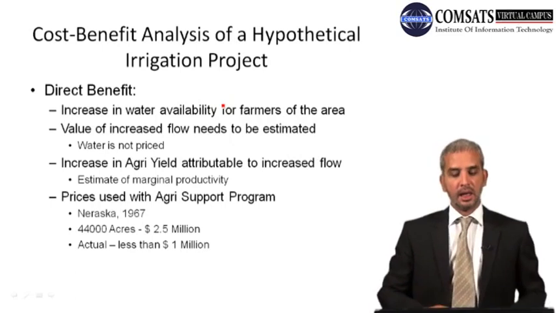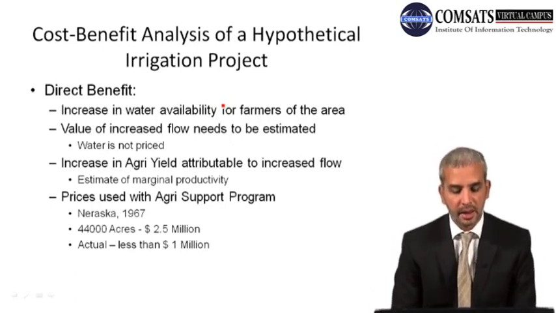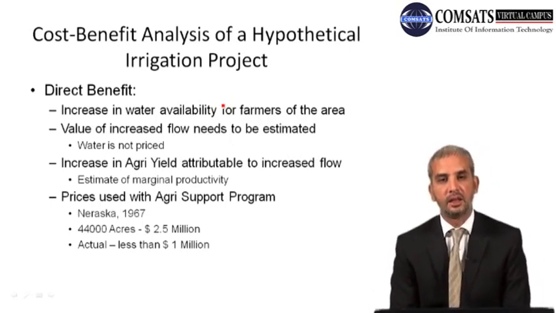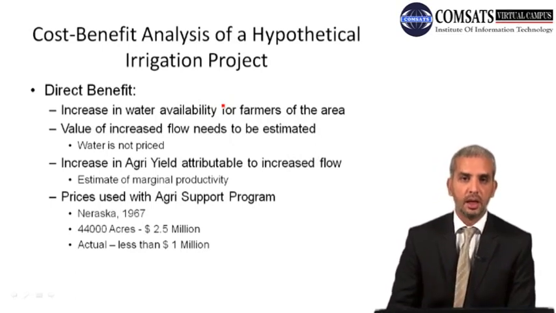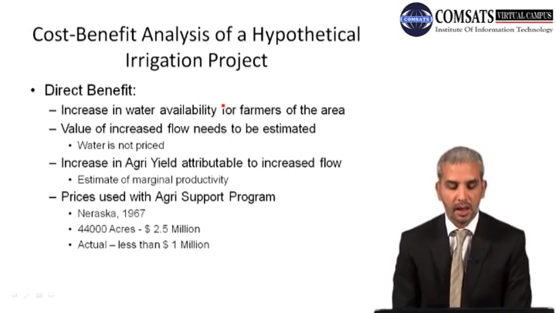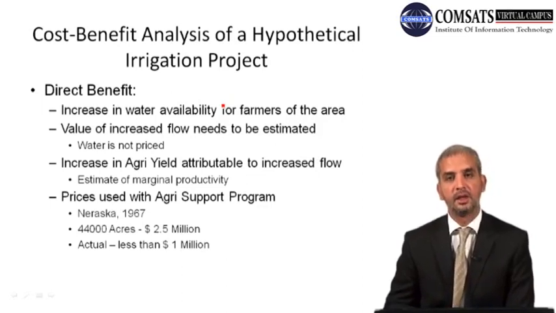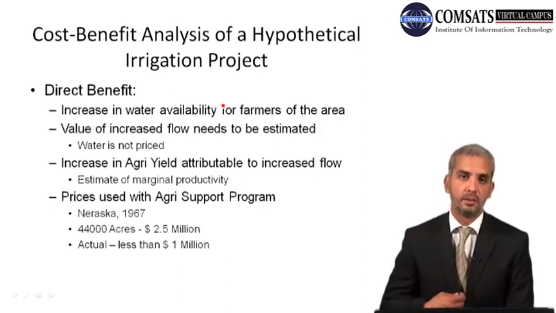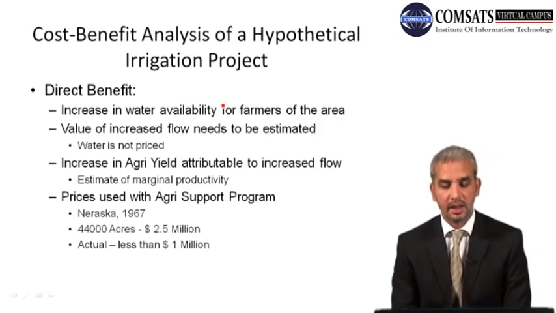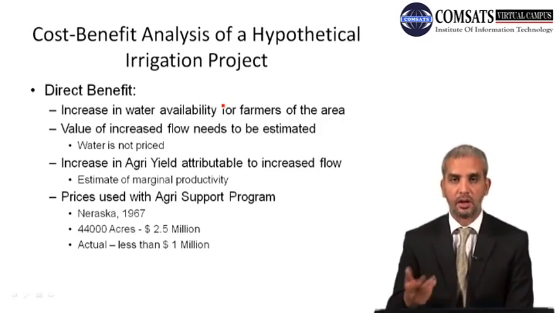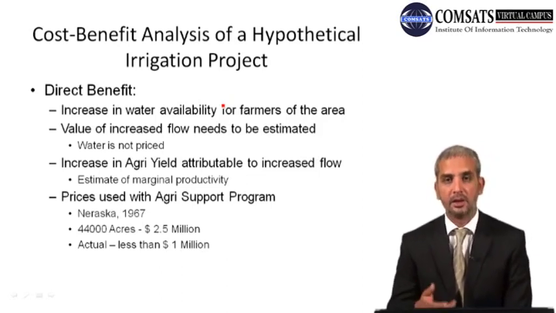So in other words, the increase in agriculture yield, which is associated with the increase in the flow of water, can be measured, and that would actually be an estimate of the marginal productivity of that increased flow or more water. So we can use that.